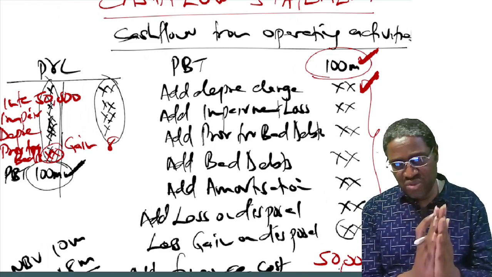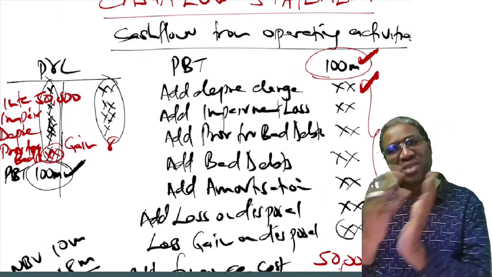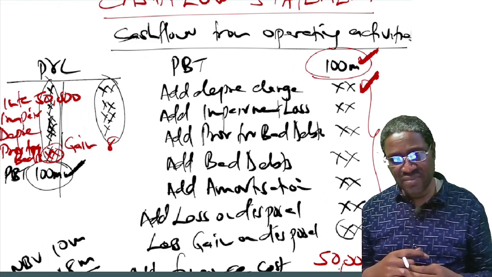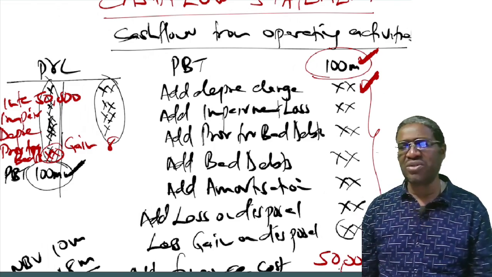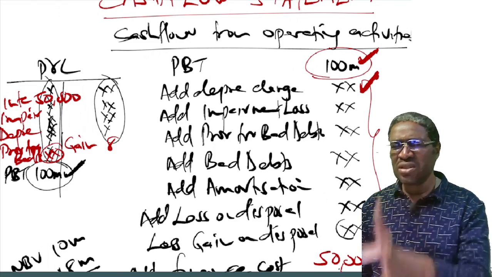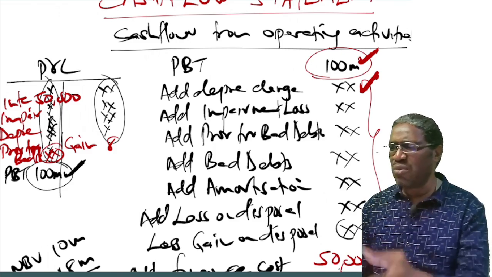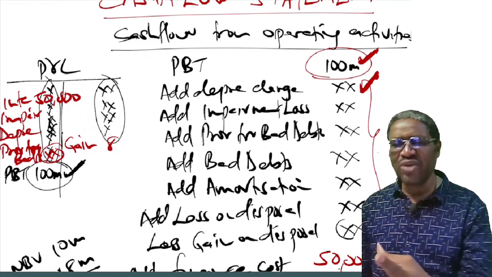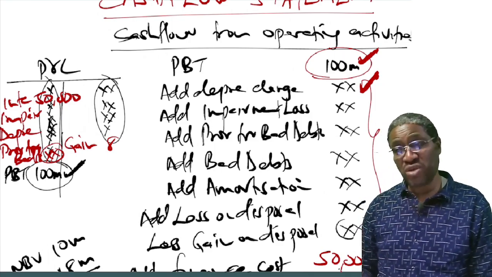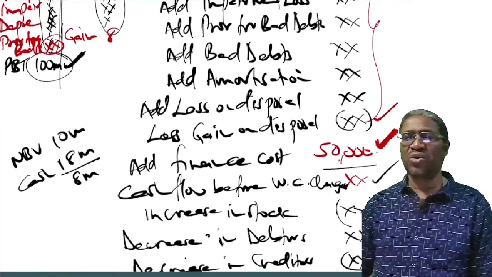Some questions you will be given the amount. Some questions you may be required to calculate it if the examiner is hiding it. Other non-cash items depend on the question: impairment, provision for bad debts, amortization, loss on disposal, gain on disposal. Those are not mandatory in all questions.